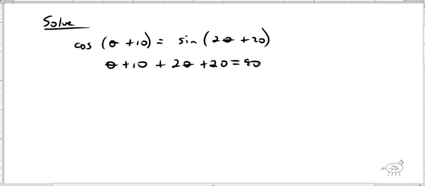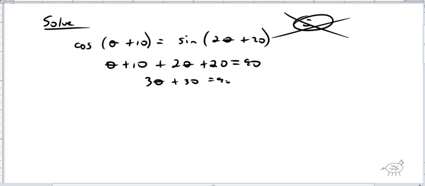The most common mistake is to set those equal to each other, but they're not equal. At 45 they are, but nothing else. So if I solve this, I get 3 theta plus 30 equals 90, so 3 theta equals 60. So theta is equal to 20 degrees. Okay? Very, very, very important.